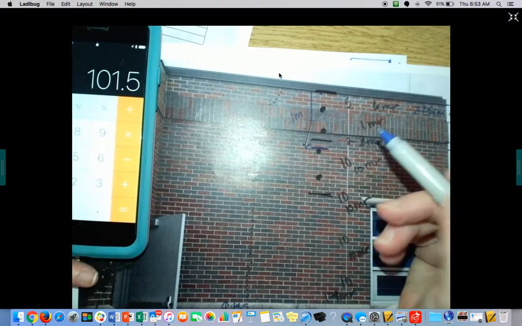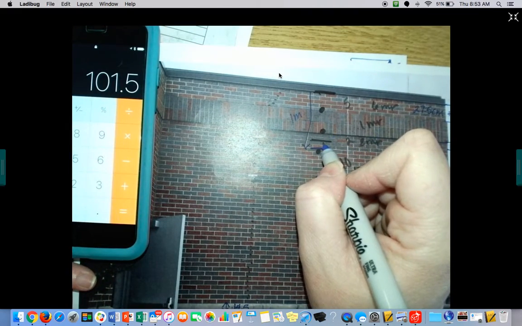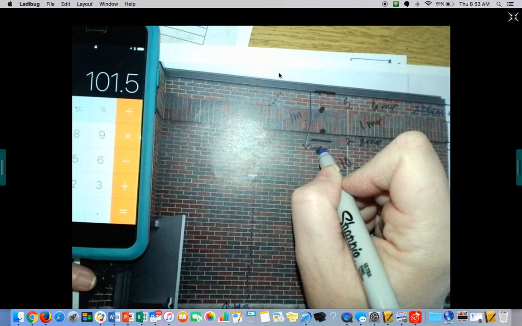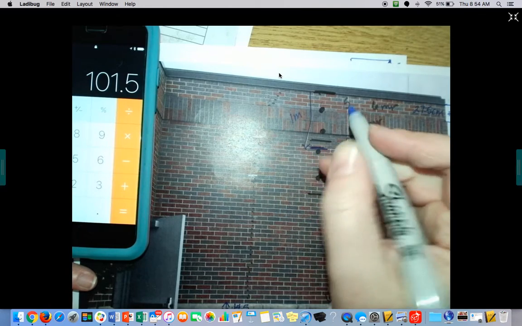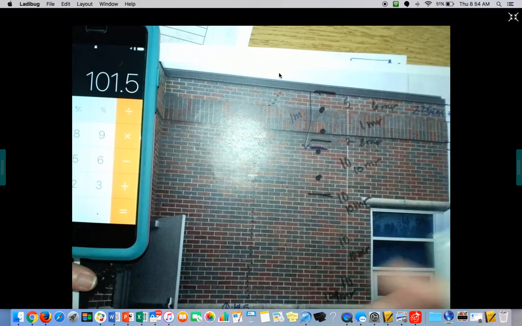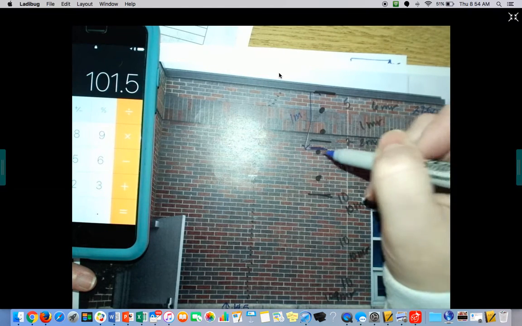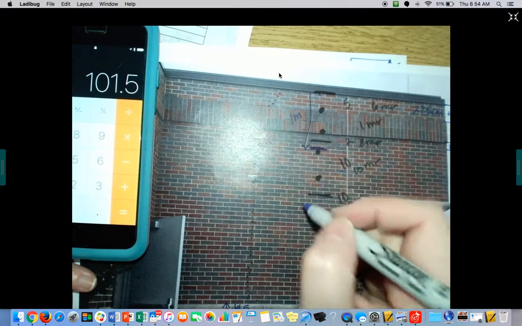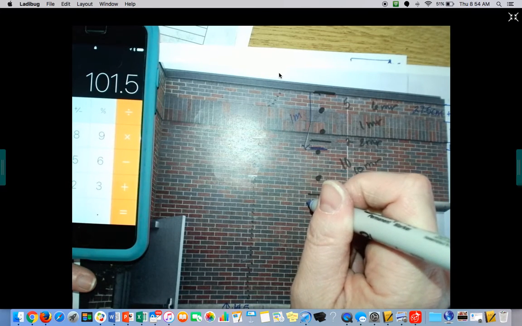So if this part here was at 13.8 and I had a brick, a row of mortar, and another brick, here's where I drew my line. So at the end of that brick is 1 meter. Okay, so then I would do the same process to figure out where 2 meters would be, and I would draw a line there and mark that as 2 meters.